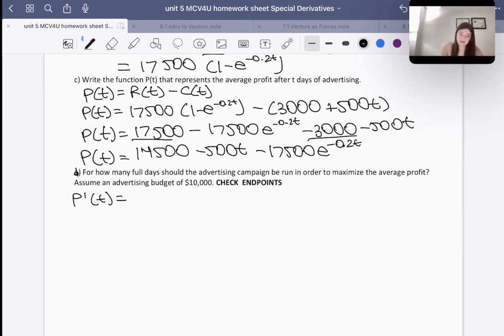So the derivative of the profit would be negative 17,500 e^(-0.2t) times negative 0.2, right? Because we've got to take that derivative. And what are we going to subtract here?